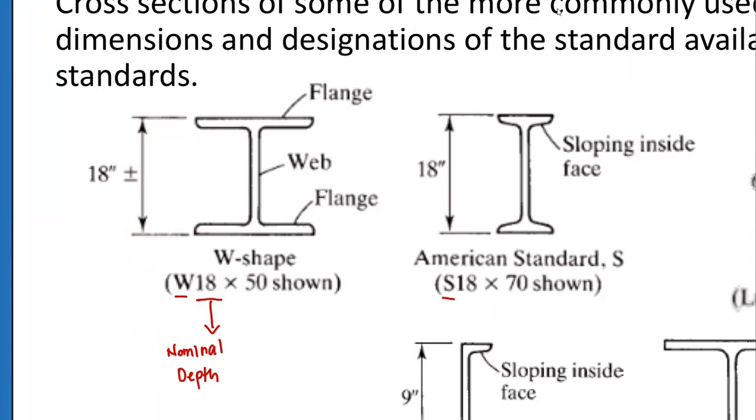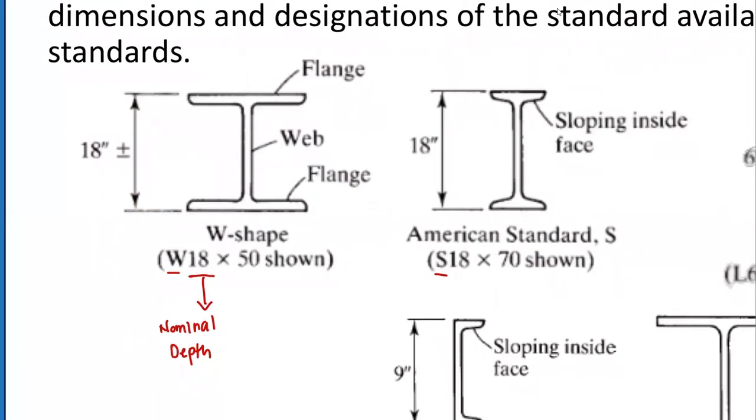It can be 17.8, 18.2, 17.9, but generally can be rounded off to the nearest inch, which is 18 inches. Once you check the AISC construction manual, you will see that some of this shape, although it's stated that the depth will be, for example, 18, you will see that the actual depth will be less than or greater than that number.